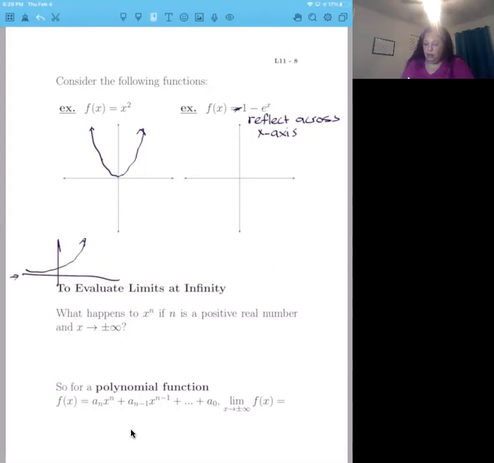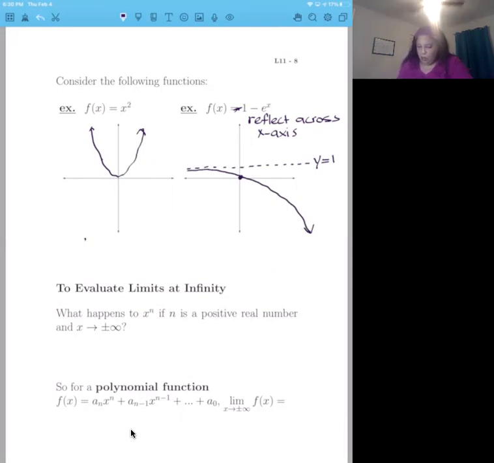But this 1 shifts it up 1. So now I have this asymptote, y equals 1, and then it's flipped across the x-axis, so it looks like this. So if I look at x squared, are there any horizontal asymptotes? No, no asymptotes, vertical or horizontal.